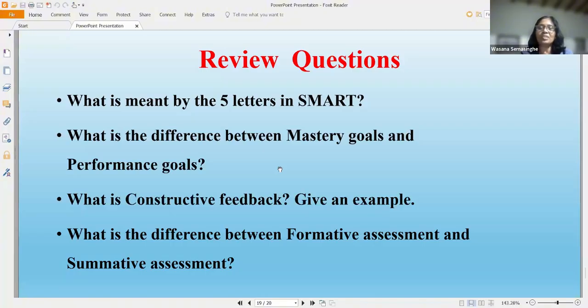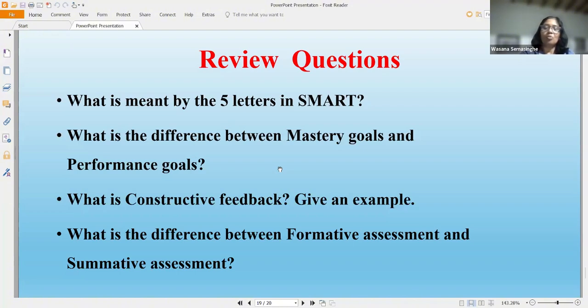Performance goals, on the other hand, are focused on demonstrating ability and achieving good results compared with others. These students want high grades, awards, or recognition and often compare their performance with other classmates.